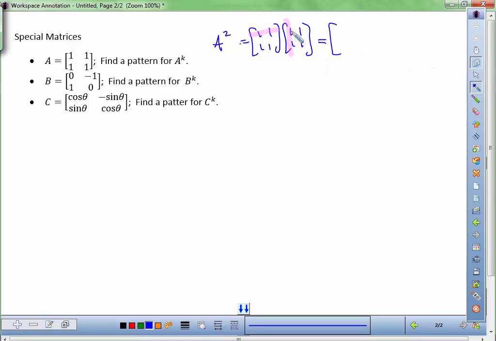So 1 times 1 plus 1 times 1 is 2, and then we're going to do the same thing for the others. So A squared is going to be 2, 2, 2, 2, a matrix full of 2s.